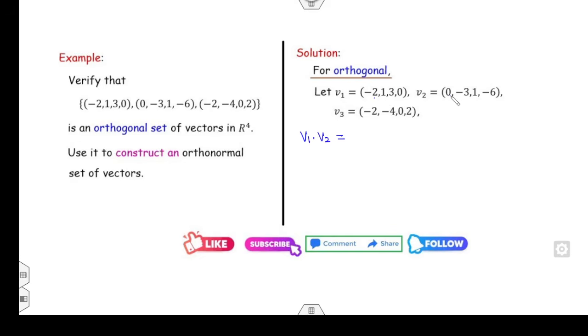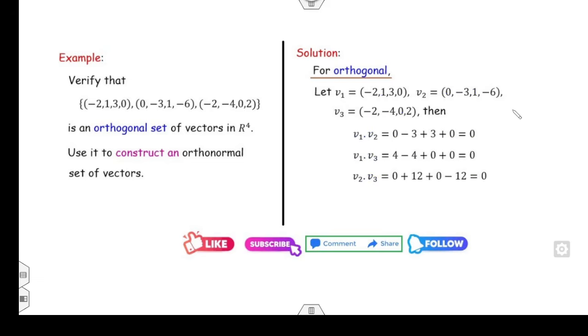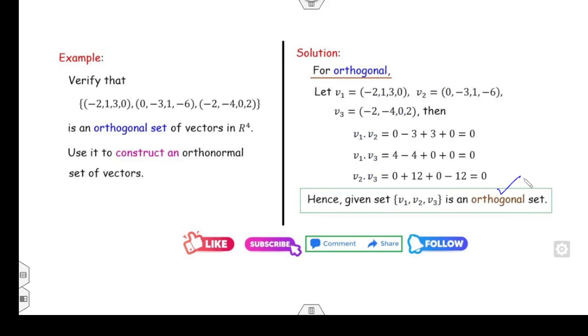First element with first element, second with second, third with third, and so on, which gives 0. v1 dot v3 is 4 minus 4 plus 0 plus 0, which is again 0. v2 dot v3 is also 0. Therefore, the vectors v1, v2, v3 are orthogonal vectors.